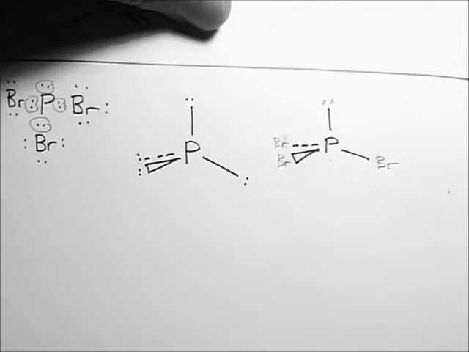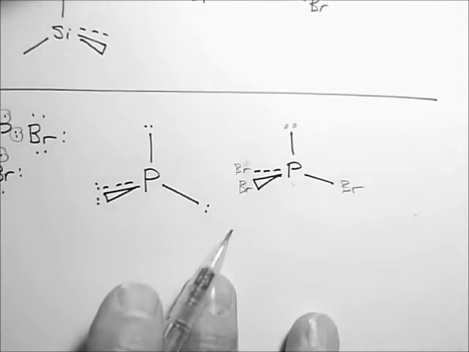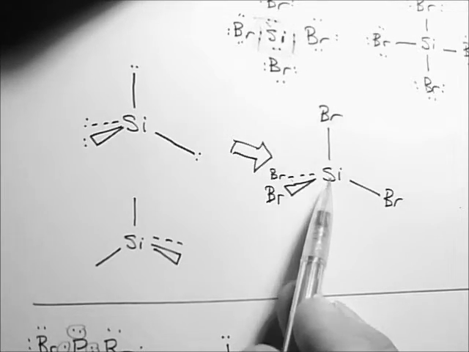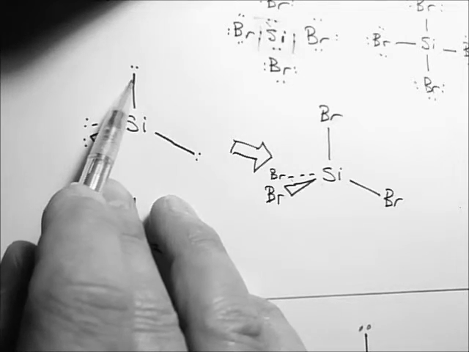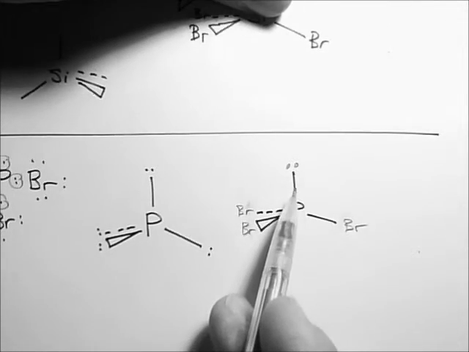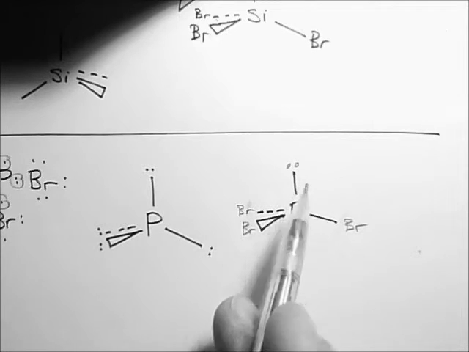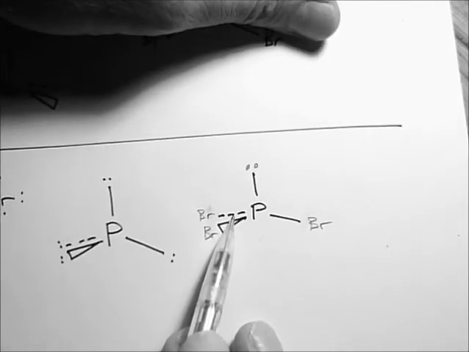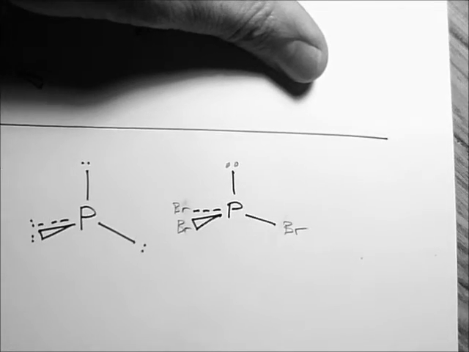Alright, if we're finding molecular shape, we're not done yet. Up here, we were done at this point because we'd already gotten rid of all our electron pairs. But down here, we still have an electron pair left. That's right. So now we have to draw the same structure again.